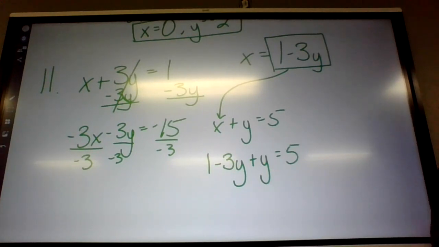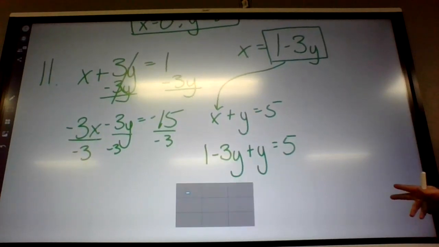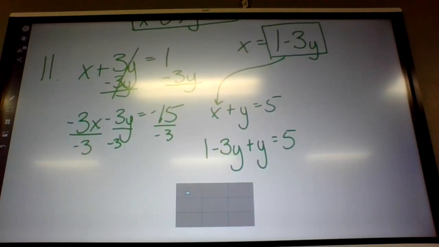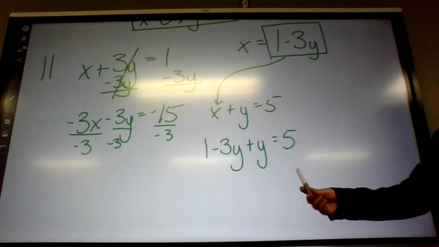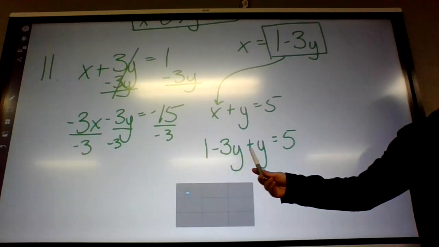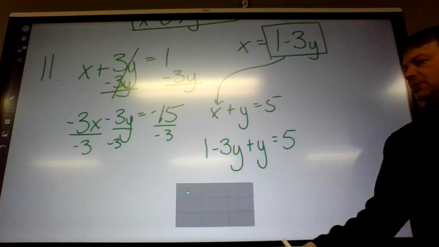All right, what should we do? Let's see. Lauren, what should we do at this point? How can we clean up this side over here? Add negative 3y and y.